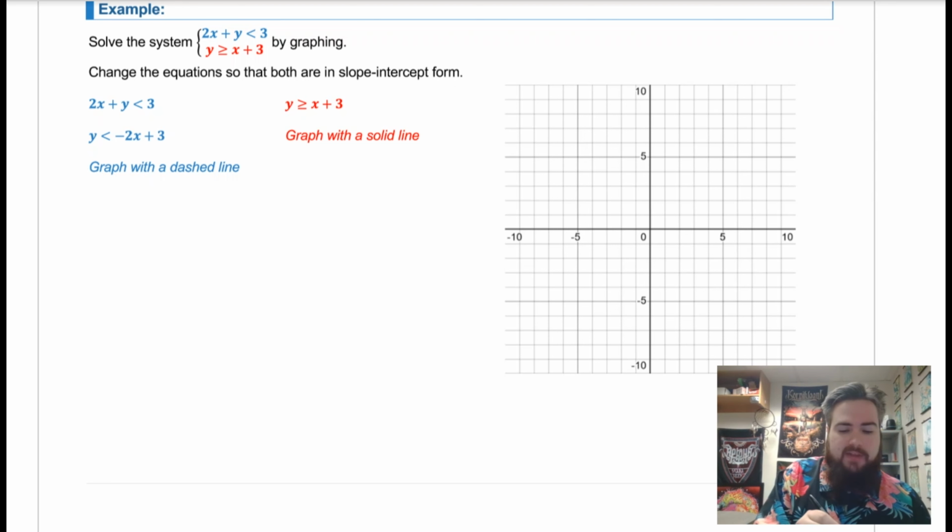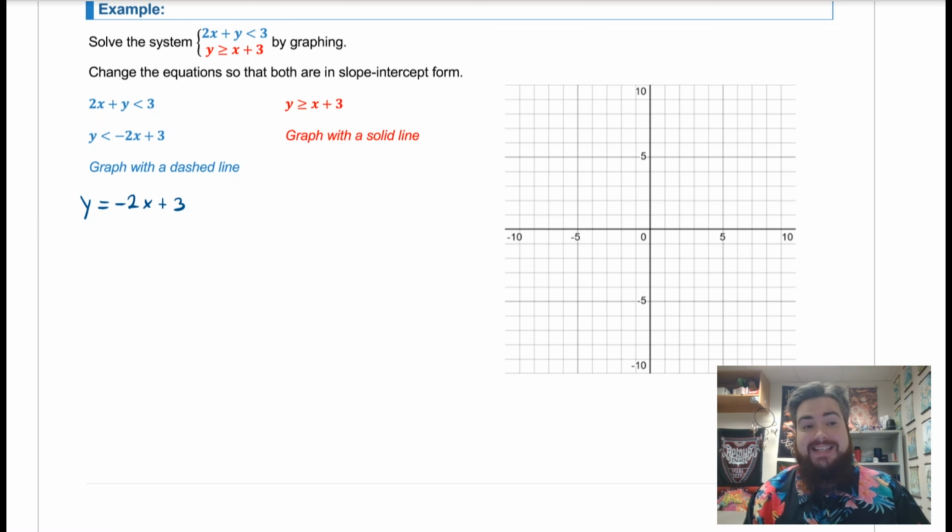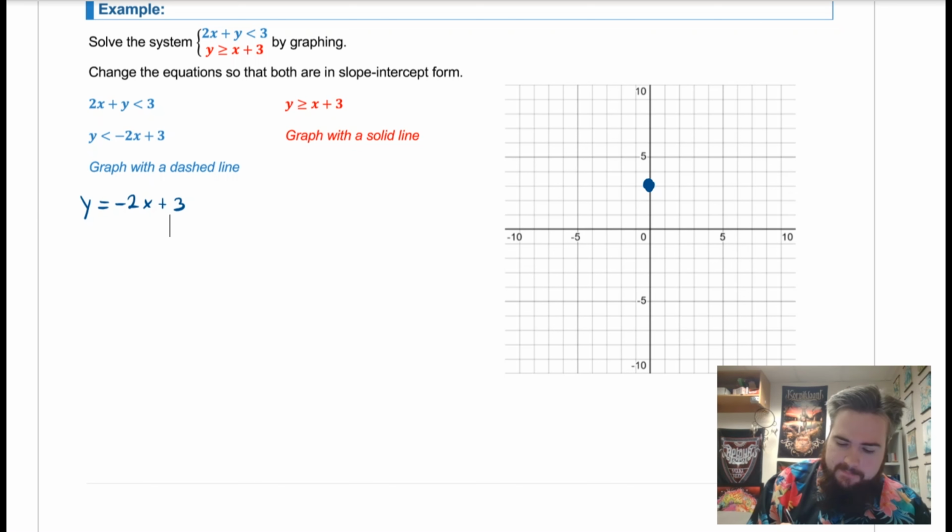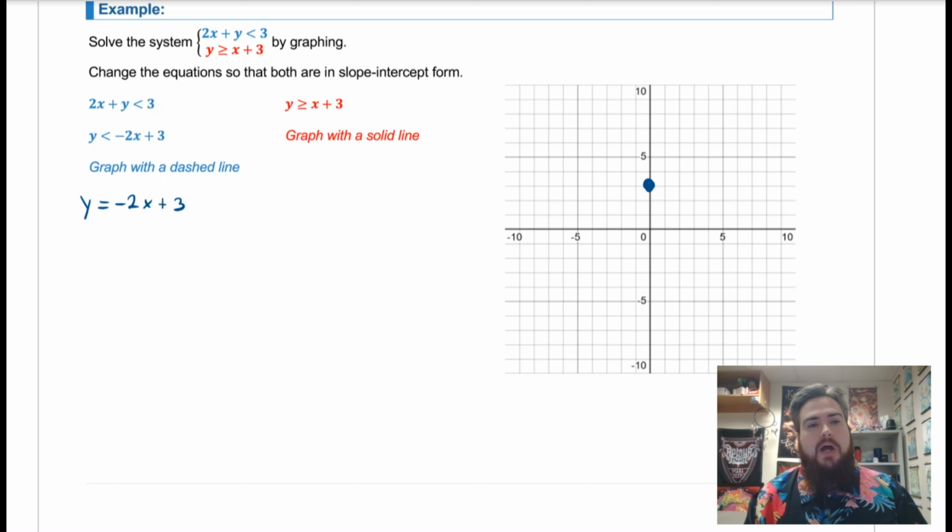We can then graph the equality version of this, y equals negative 2x plus 3, and we'll do so with a dashed line because we have a less than for the inequality we're testing, not less than or equal to. With this slope-intercept form, that tells us that we have a y-intercept at 3. And we have a slope of negative 2.